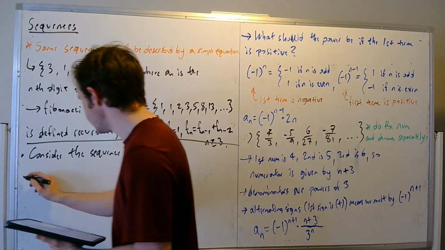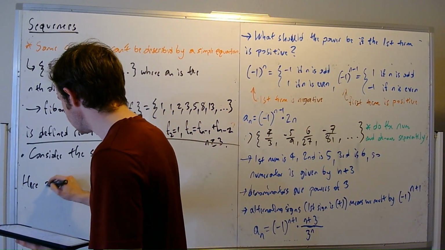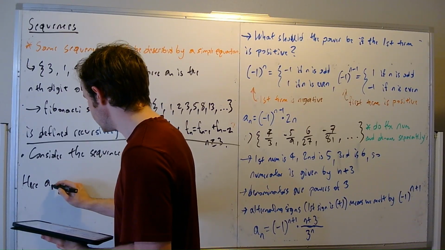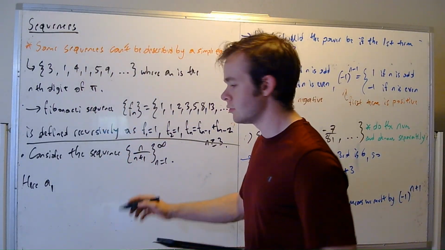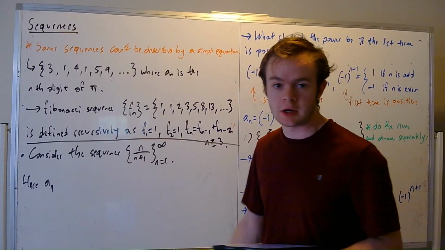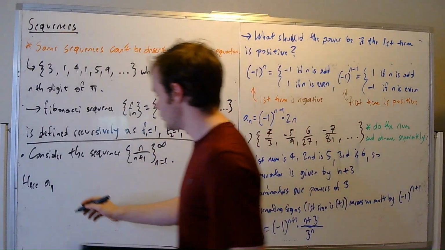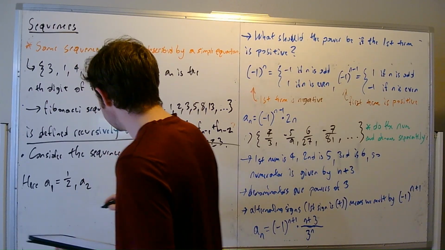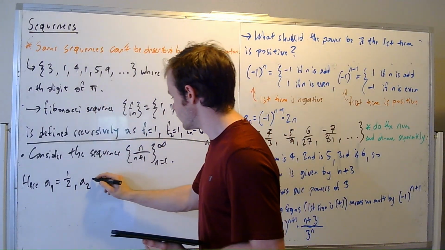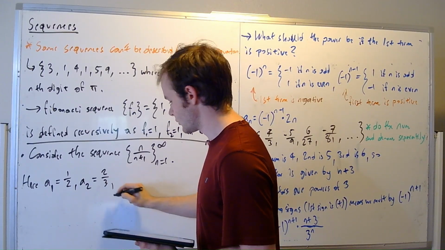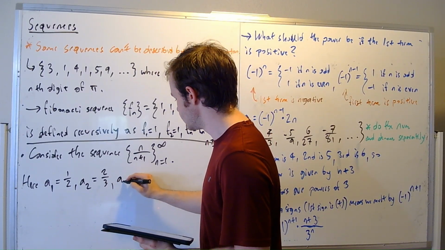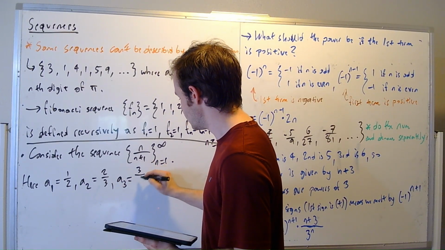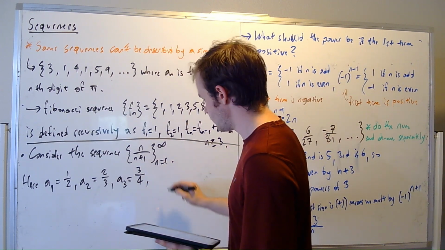Let's just work out what each term is going to be. a1, the first term, is when you plug in n equals 1. So that's 1 over 1 plus 1, so that's 1 half. For a2, we plug in 2, we're going to get 2 over 3. If we plug in 3, we're going to get 3 over 4, and so on.